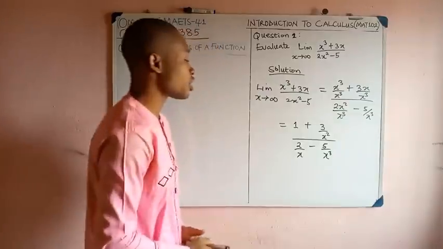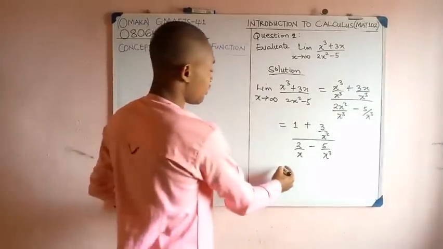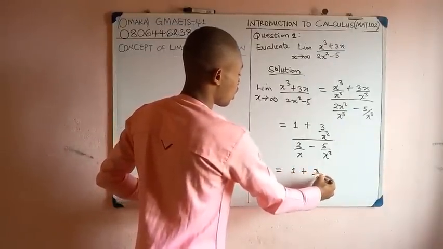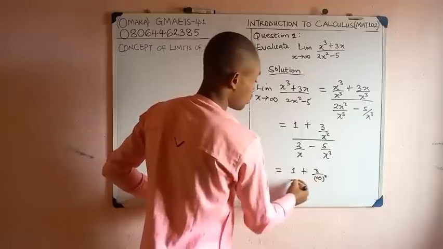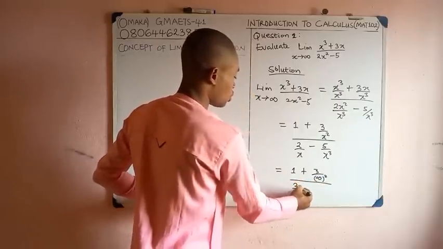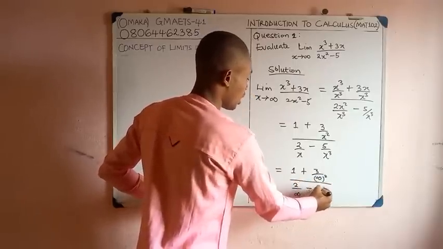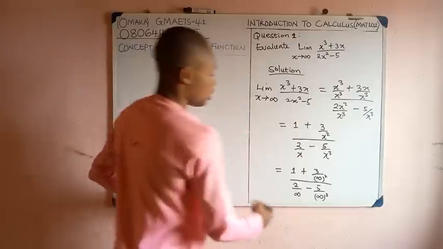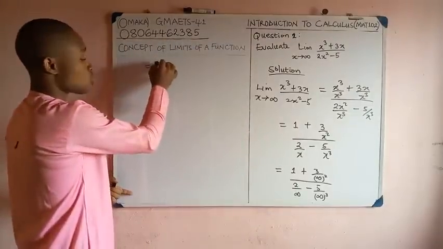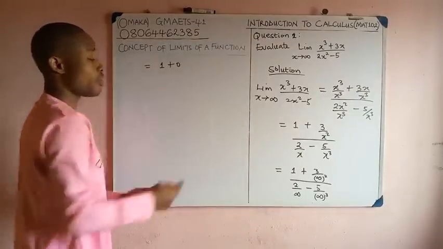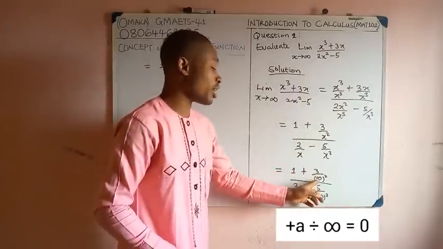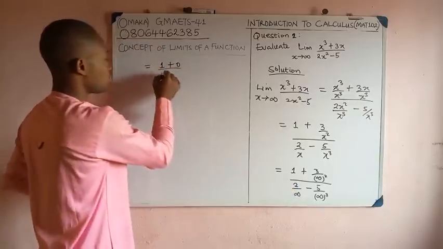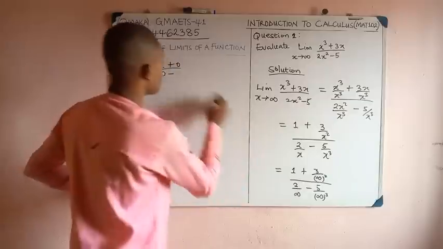At this point, we are now going to substitute the limit infinity given to us. We'll have 1 plus 3 over infinity squared, then everything all over the denominator, 2 over infinity minus 5 over infinity raised to the power 3. And so this is going to give us 1 plus 0. Remember, a constant number divided by infinity is 0. Then all over, this one also 0, minus this also 0.